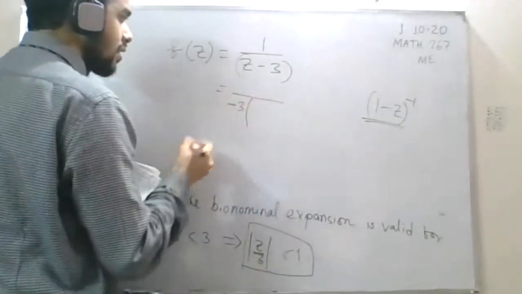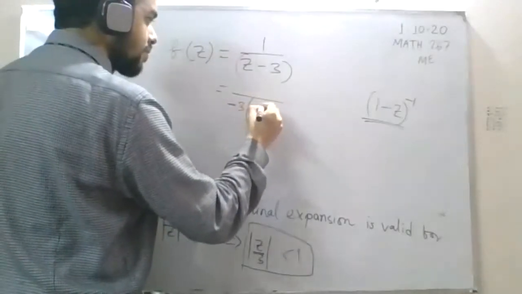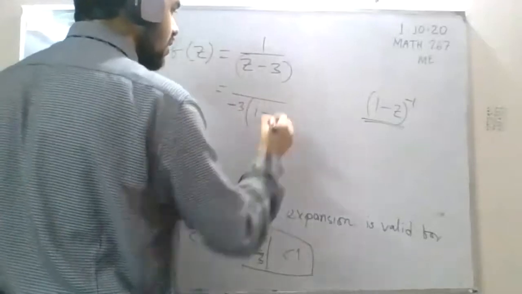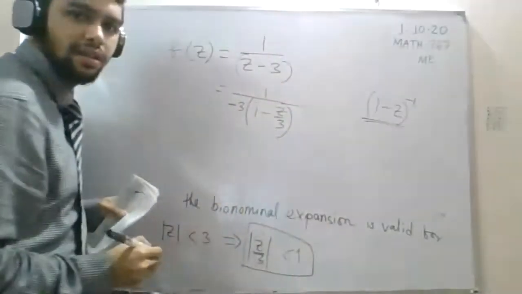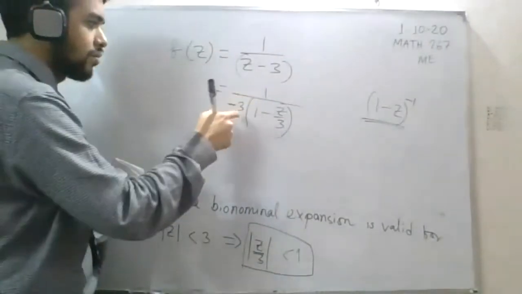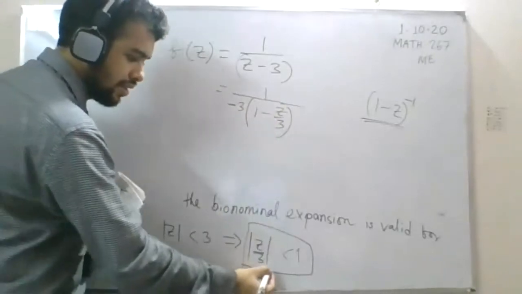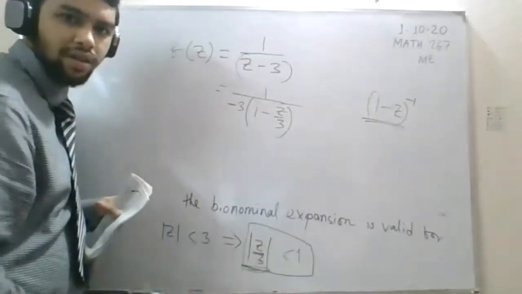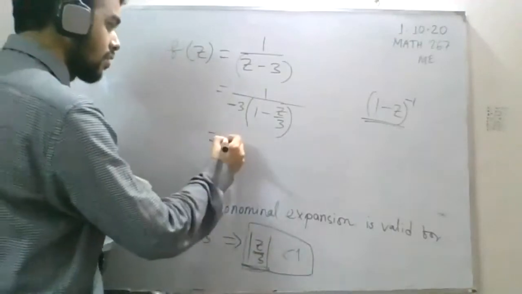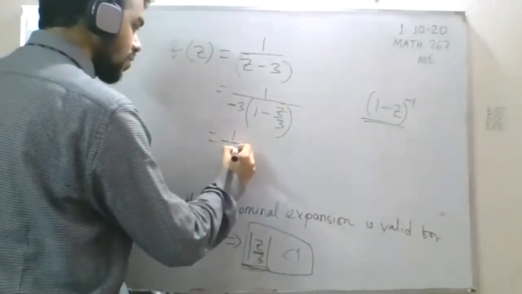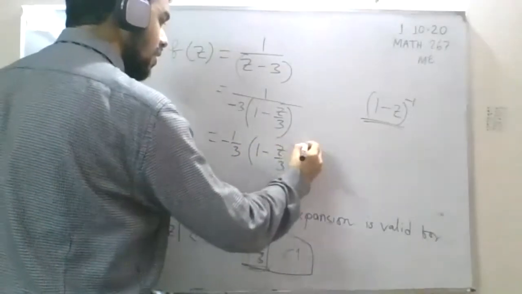If I take common minus 3, you can get 1 minus z by 3. So you can get 1 by minus 3 into (1 minus z by 3), where modulus of z by 3 is less than 1. So you can now say that minus 1 by 3 times (1 minus z by 3) inverse 1.